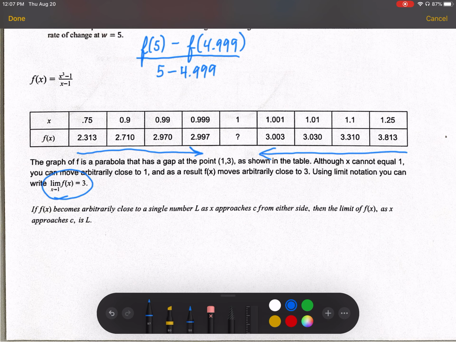One thing that we have to really focus on when we're talking about limits is the fact that the limit of something and the physical point that's on the graph may not be the same thing. And when we look at some other graphs, that'll make more sense.